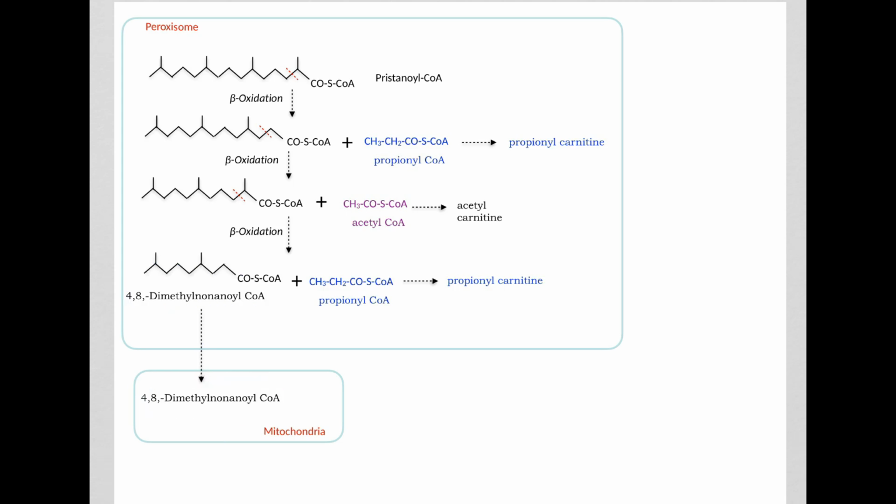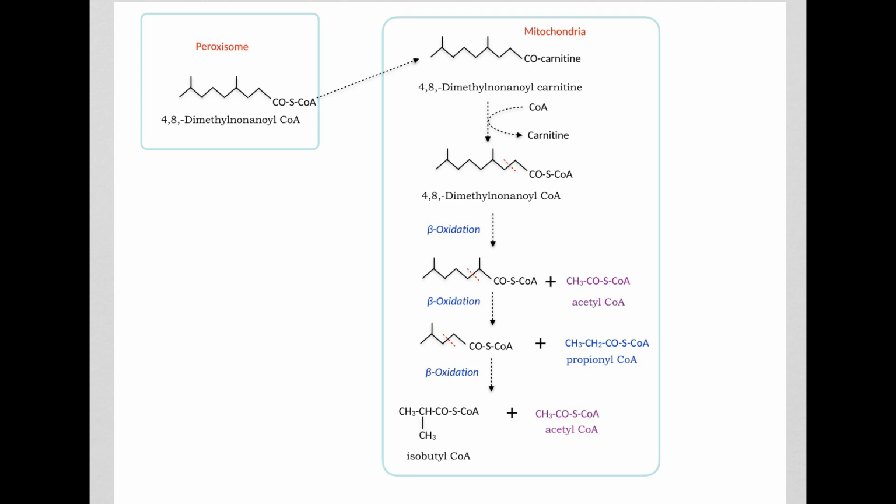Just for completion, let's see how this dimethyl-nonanyl-CoA will be broken by beta-oxidation in the mitochondria. So from the peroxisome, this will be transported into the mitochondria.